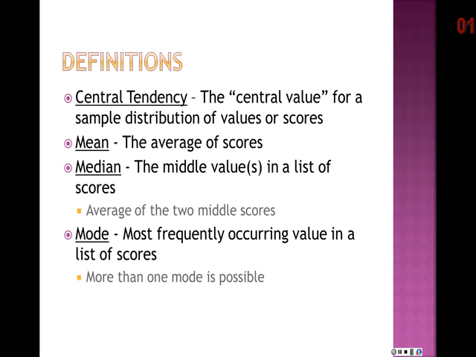So if you have a list of scores with 3 18s and 3 scores of 21, and those are the most frequent, the mode would actually be 18 and 21. We'll get into how to find these in a second.